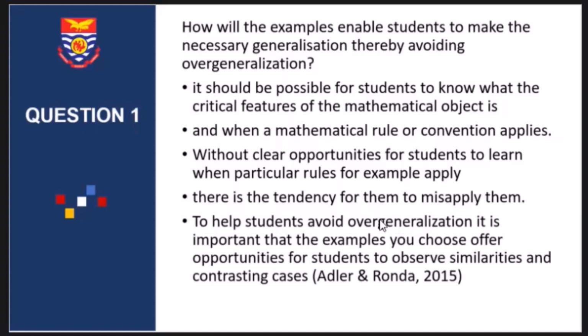To help students avoid overgeneralizations, it is important that the examples you choose offer opportunities for students to observe similarities and contrasting cases. So the examples should be able to let the students see the similarities between the rules and conventions, and for them to contrast the cases and see that no, this rule cannot be applied here, that rule can be applied over there, and so on and so forth.